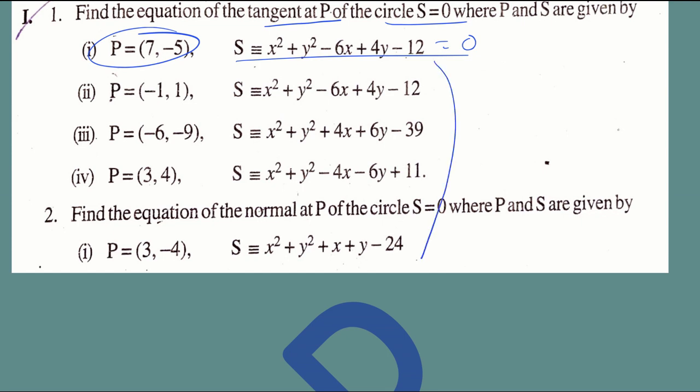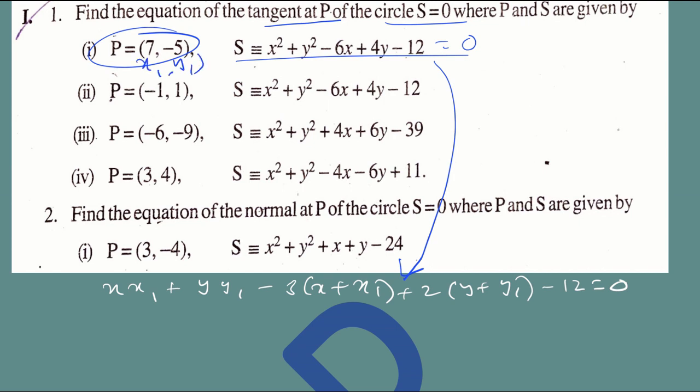So if I write the equation to the tangent S1 equal to 0, we know that it is xx1 plus yy1 minus 3 into (x plus x1) plus 2 into (y plus y1) minus 12 equal to 0. Now this is your x1 comma y1.